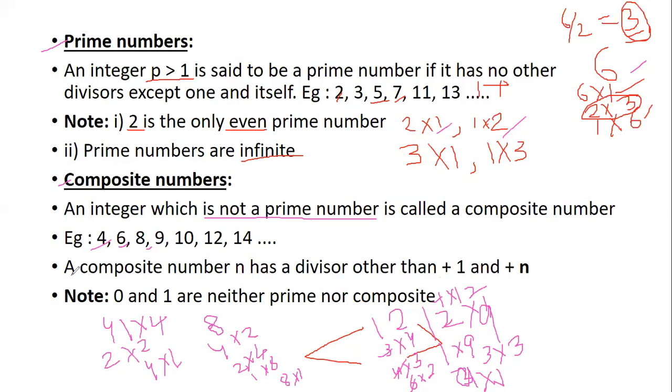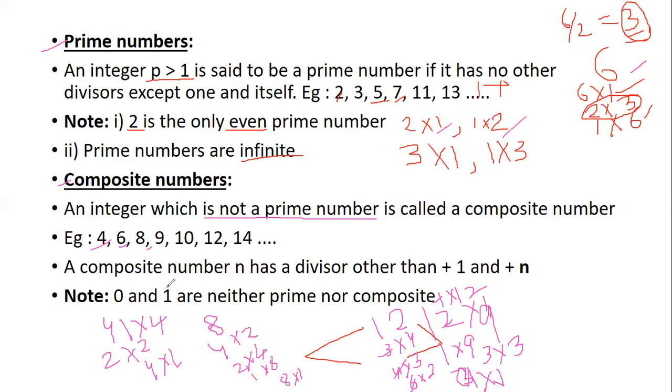Okay, so I hope everybody understood composite numbers. Any doubts in the definition part? Okay, now let us understand a few points about composite numbers.